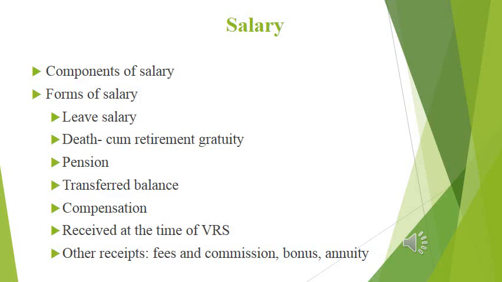Then we have another important point regarding salary. There are different types of salary. First one, leave salary, death cum retirement gratuity, pension, transferred balance, compensation received at the time of VRS, voluntary retirement scheme, other receipts, fees, commission, bonus, annuity, etc. are the different types or forms of salary.